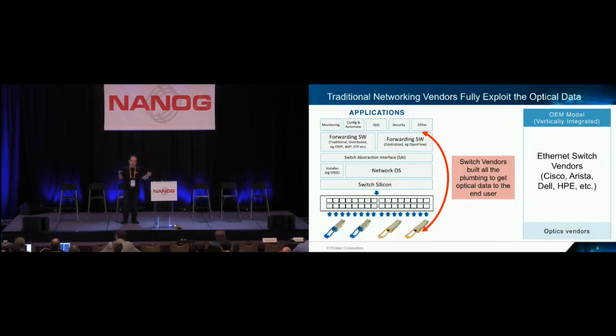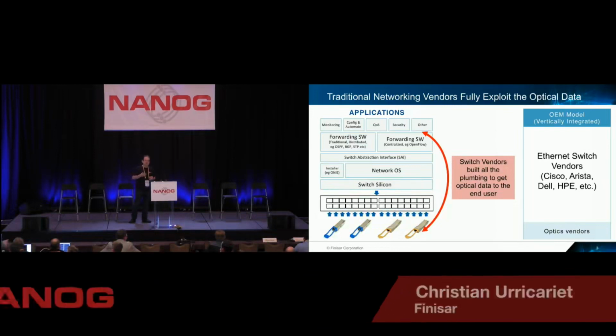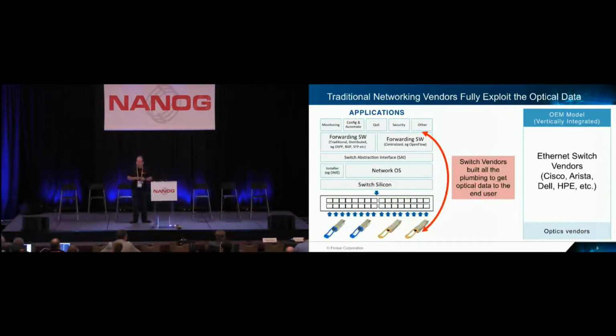But they give you the cell, the switch, they integrate the network IC, the network OS, the applications, they're all part of the same package, fully vertically integrated that a system OEM gives you. So that means that all the integration with the optics, which means the status and control information for the optical transceivers, is all taken care of by the system OEM software.